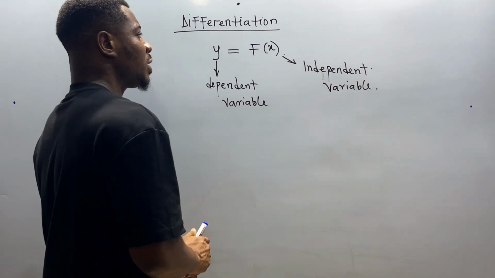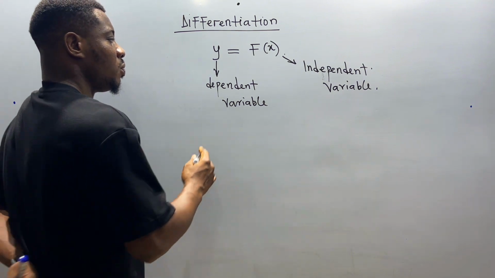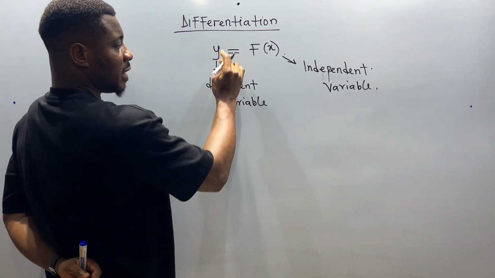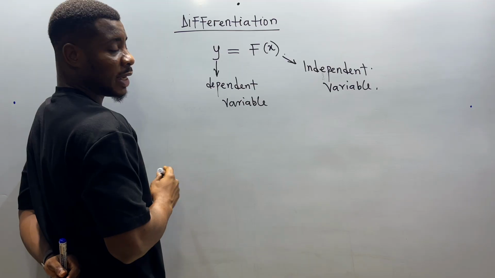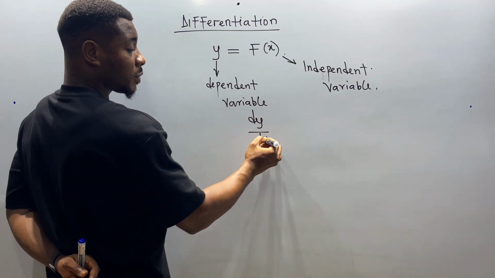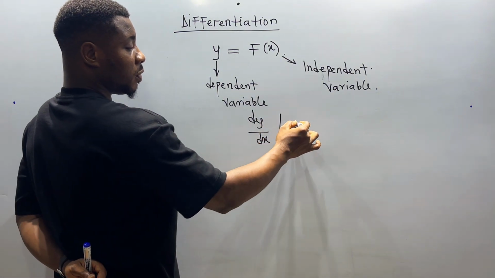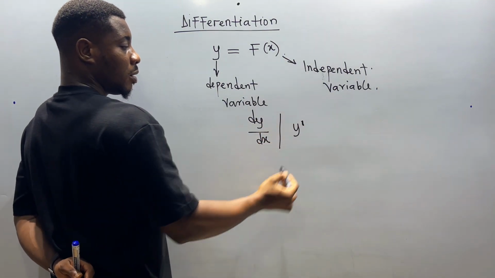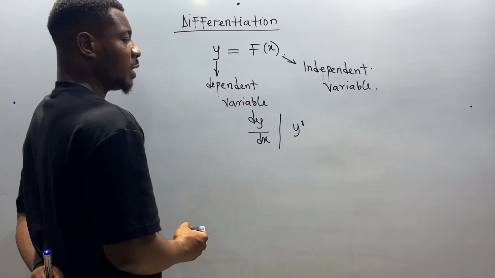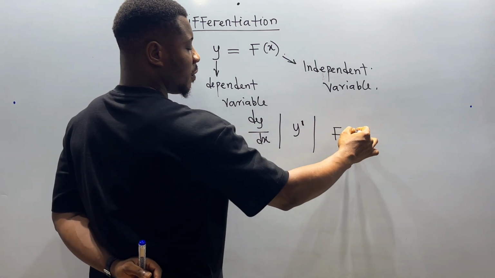Now, when we're asked to differentiate, we are asked to find, for instance, the derivative of the function y. We can write it this way: find dy over dx. We could also write it this way: find y prime. Then we could also write it this way: find f prime of x.